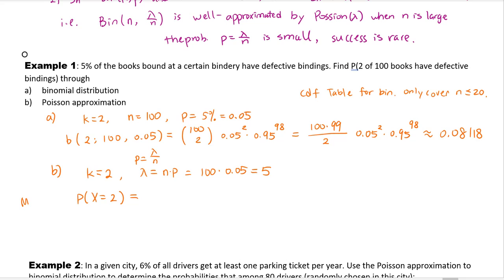Okay, so method 1, we can use the Pmf. So what is the Pmf formula? Well, that is e to the minus lambda times lambda to the k over k factorial. We plug in k equals 2 and lambda equals 5. So e to the minus 5, 5 to the 2 over 2 factorial, which is 2. What is this number?